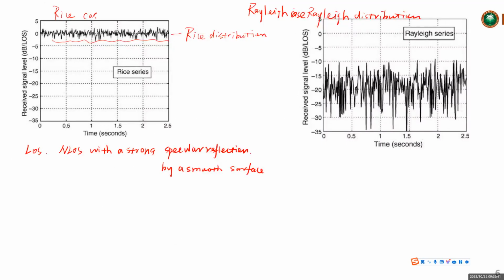This is a Rice case. So this is due to the multipath components effect.